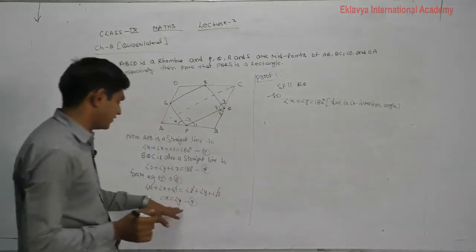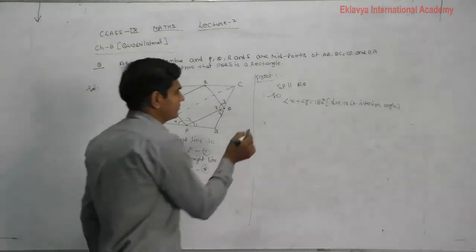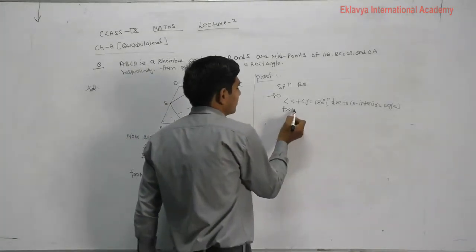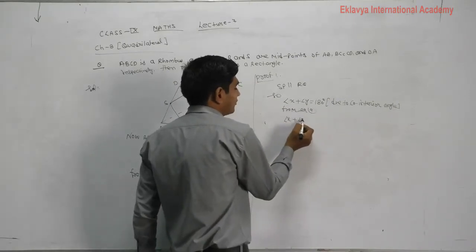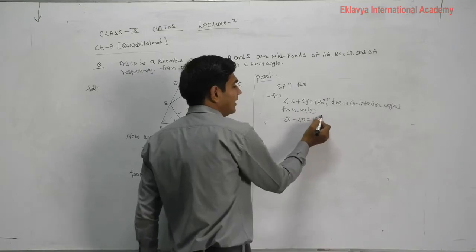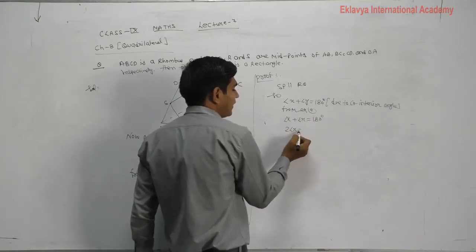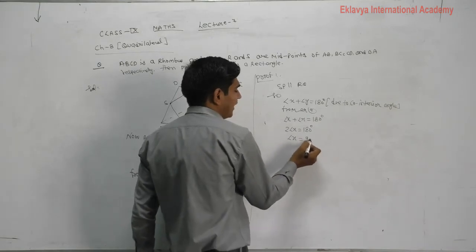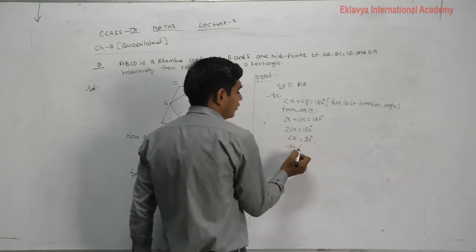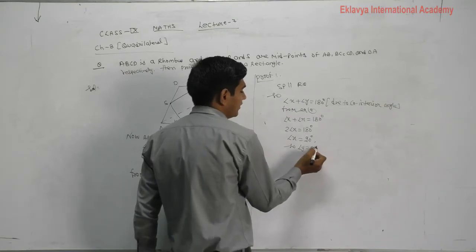But from equation 9, x is equal to y. So twice of angle x is equal to 180. So what is the value of x? 90. So angle y also 90.